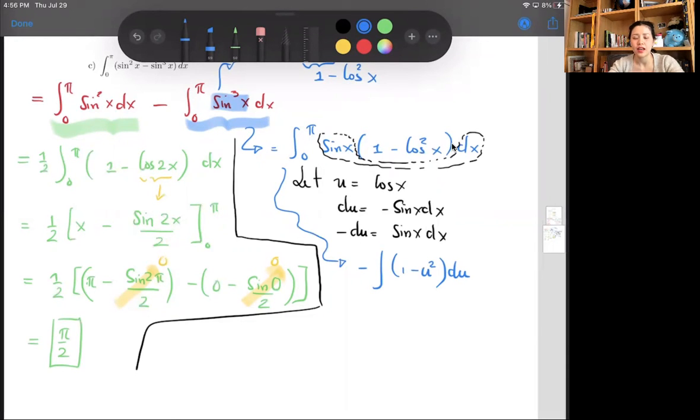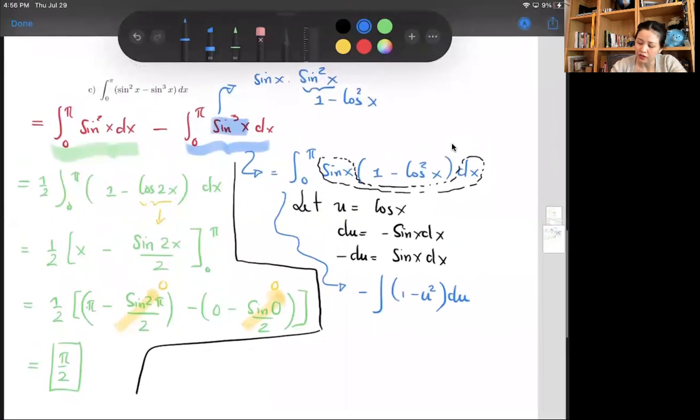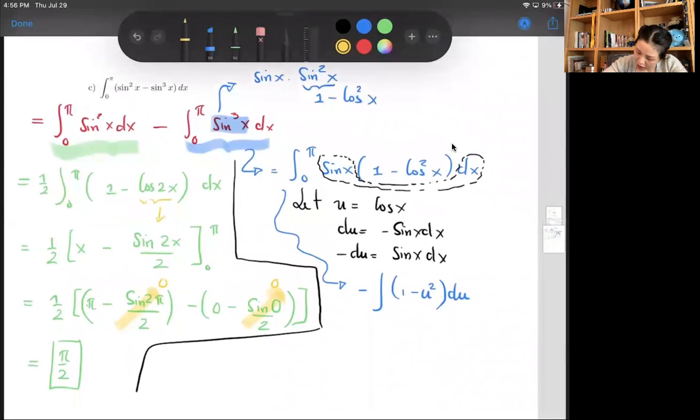Now remember, we're writing things in terms of u now, so the limits have to be in terms of u also. I have to change the limits. For u of 0, I plug into this function: cosine of 0 is 1. And u of pi: cosine of pi is -1. So our new limits are from 1 to -1.